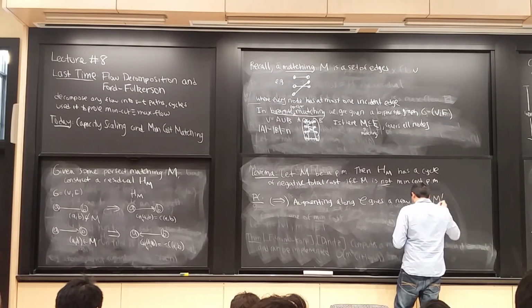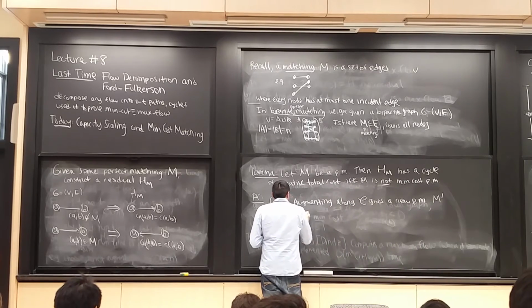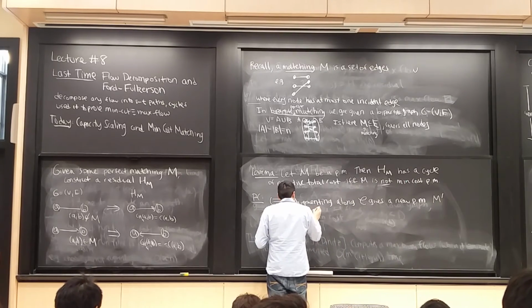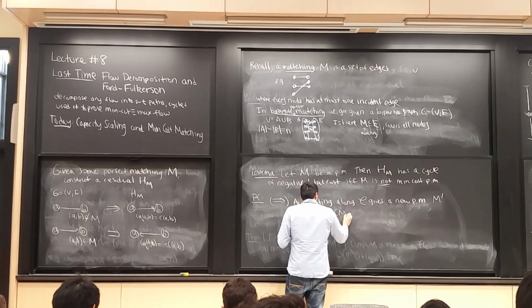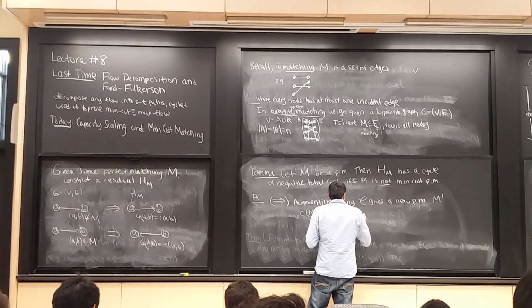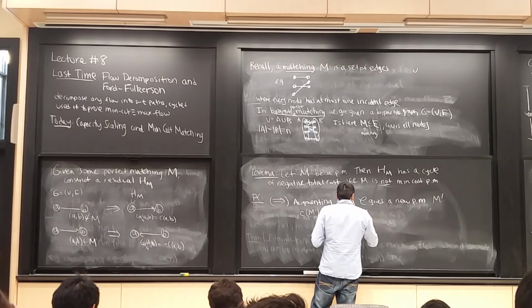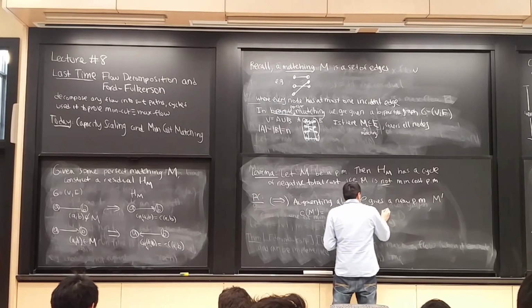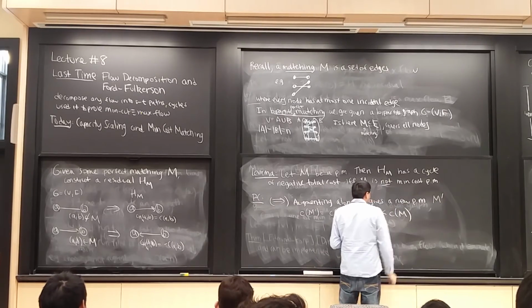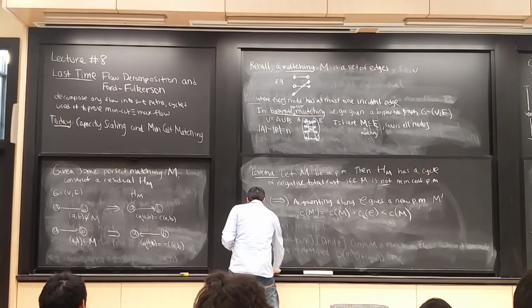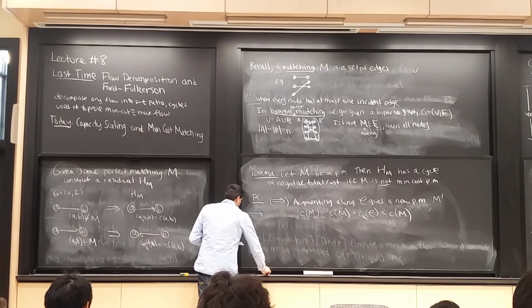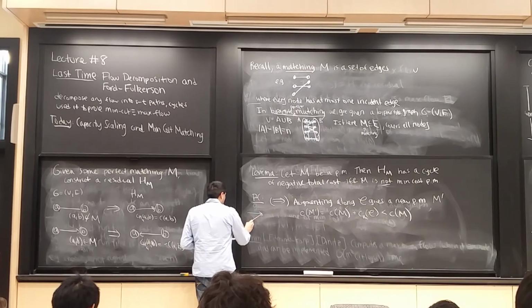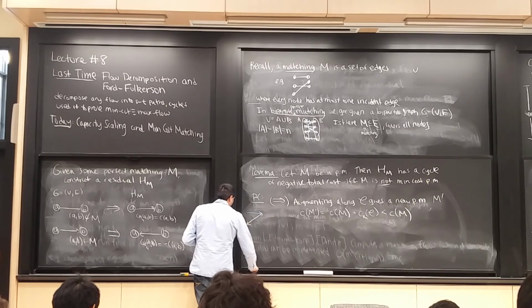And the key point is that the cost in the original graph of M prime is actually the cost of the old matching plus the cost in this graph of the cycle, which is strictly less than the cost of the original matching. This is because every time we have a forward edge in the cycle, that's an edge that we add. A backwards edge is something that we subtract. A forward edge is something that we add. And then we subtract something else.